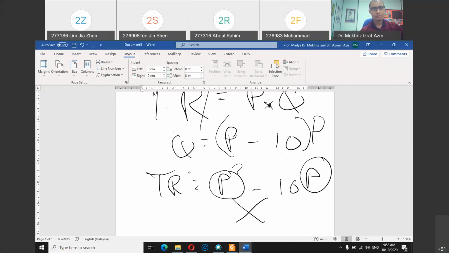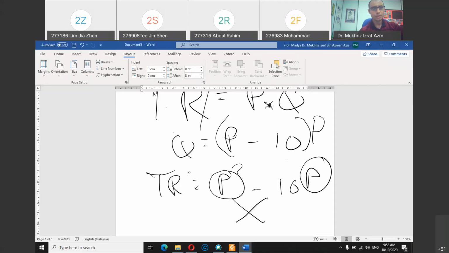So I hope this is clear. Again, you will see this kind of question maybe in your assignments later. Your total revenue must be in terms of quantity, not in terms of price.